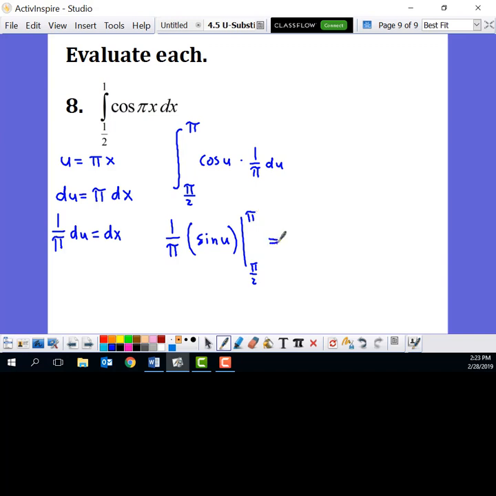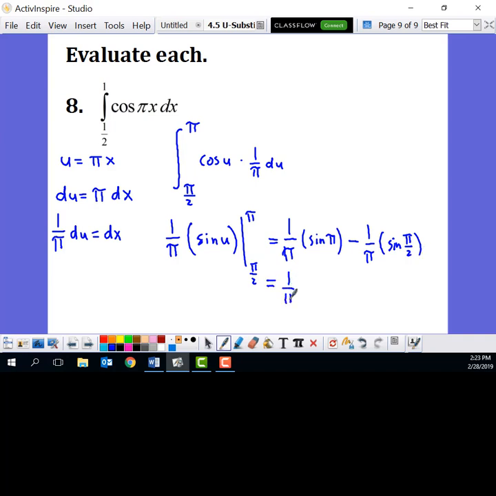So then we can plug in our upper bound. So 1 over pi times the sine of pi minus 1 over pi times the sine of pi over 2. And these are unit circle angles, so this shouldn't be too difficult for us.